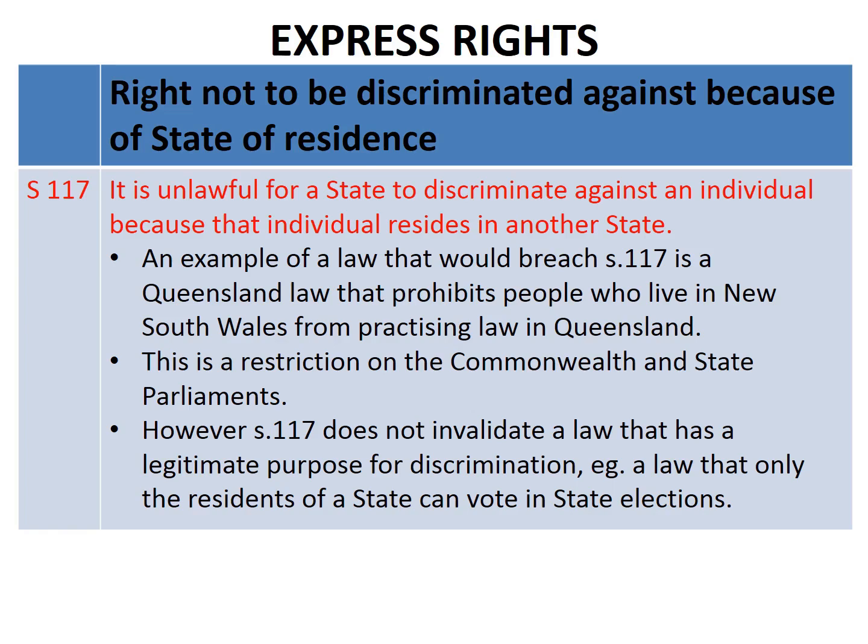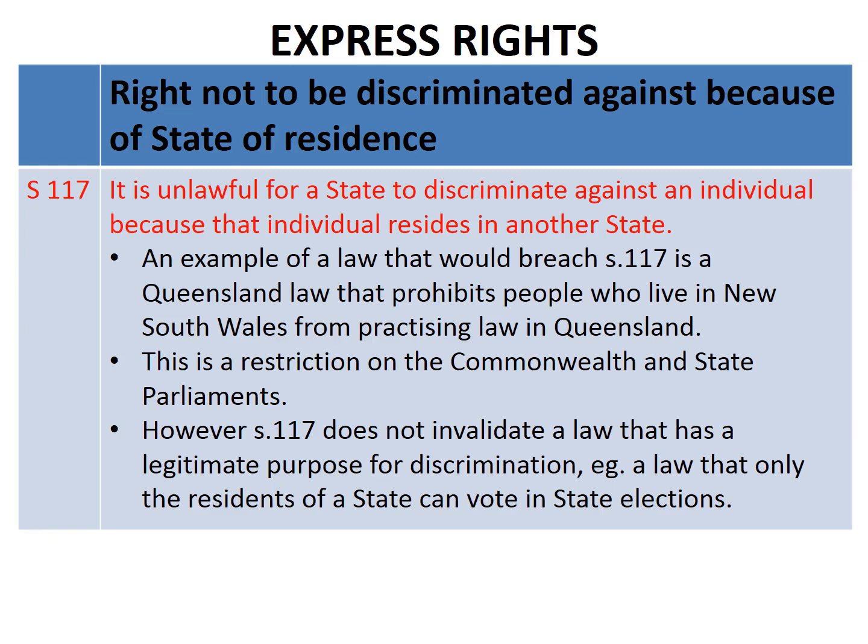An example is that there are laws in all of the states, for example, such as in Victoria, which say that the only people who can vote in Victorian elections are people who live in Victoria. Now, in one sense, that's discriminatory because if you live in New South Wales, you're not allowed to vote in a Victorian election.